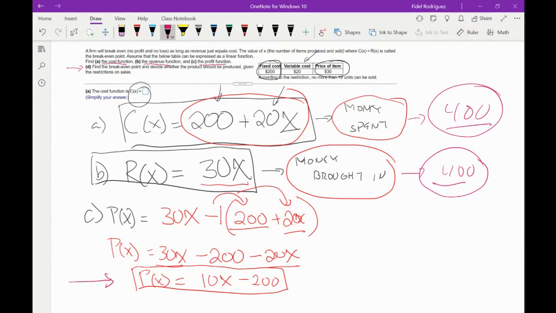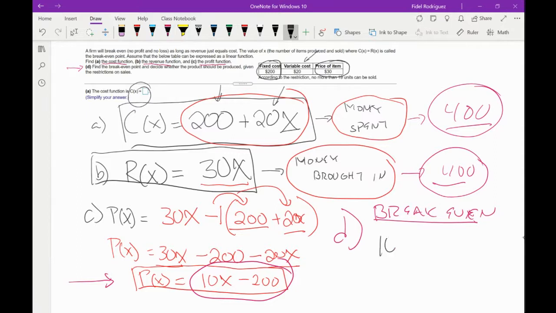We already know what our profit looks like. That's the equation that describes my profit function. So the way I'm going to find my break-even point is I'm going to take this equation and set it equal to 0. So 10x minus 200 equals 0, because now my profit is 0.